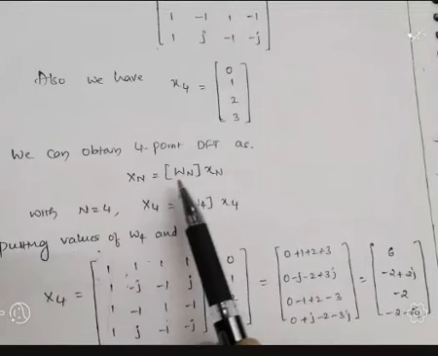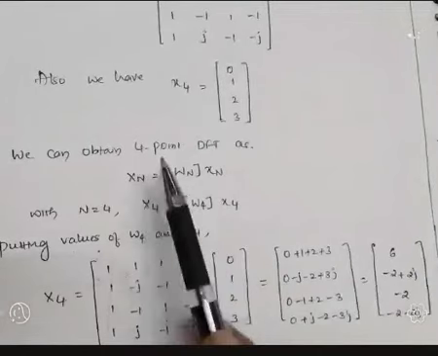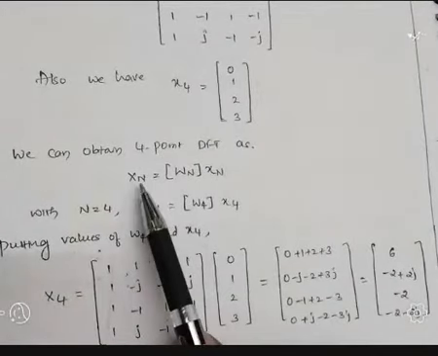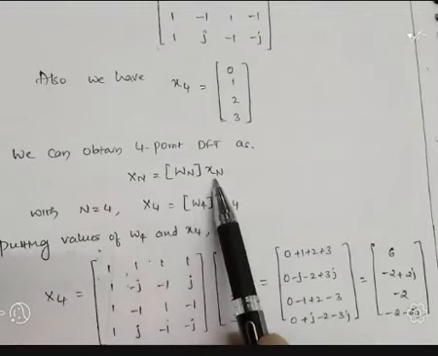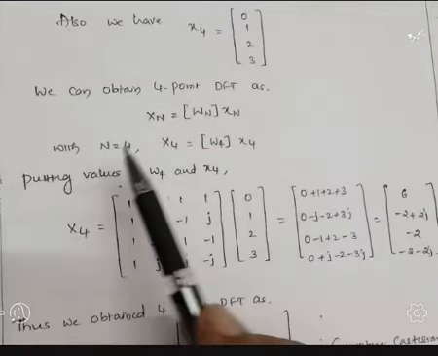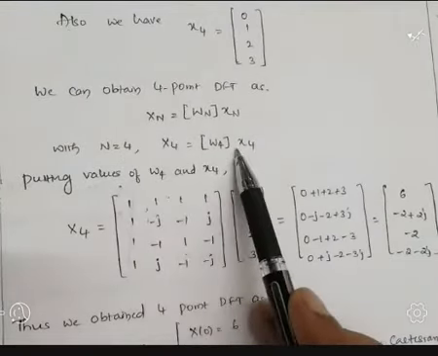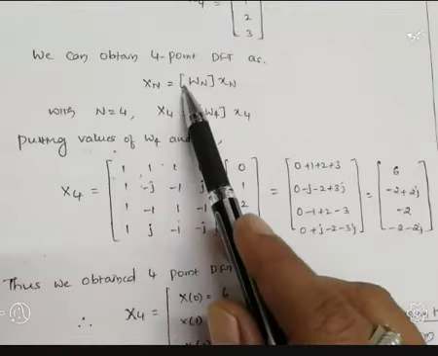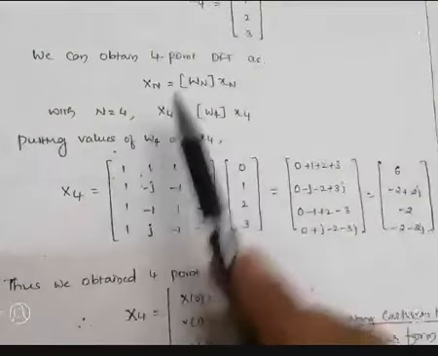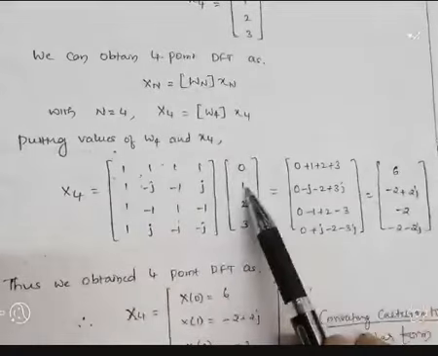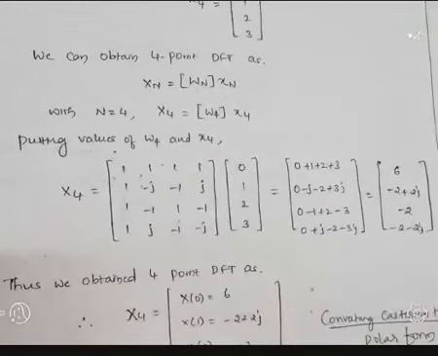And by the definition of DFT as a linear transformation, I wrote the N-point DFT equation, that is the 4-point DFT equation, in terms of matrix: capital X suffix N equal to the twiddle factor matrix multiplied by small x suffix N. So N equal to 4, hence capital X of 4 equal to W of 4 multiplied by small x of 4. The twiddle factor matrix already calculated is multiplied by the given discrete time sequence.